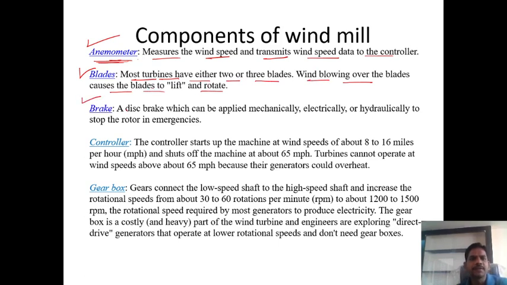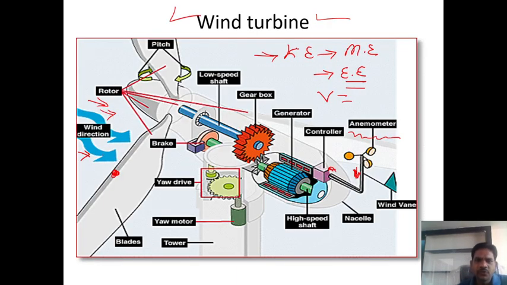Third is the brake system, the disc brake, which can be applied mechanically, electrically or hydraulically to stop the rotor in emergencies. Observe that there can be very high speed, just like a cyclone type of situation. In that situation we cannot rotate the wind turbines, so we have to apply the braking system to stop the rotation of the wind turbine.